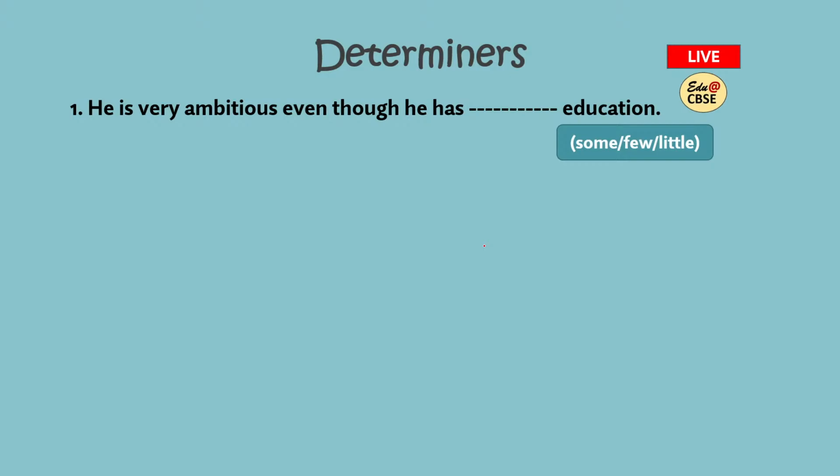So pick your answer out of these. Yes, the third. Yes, now answer is little. Yes, now I've got the correct answer. So answer is little. Why a little is wrong? He is very ambitious even though he has little education.